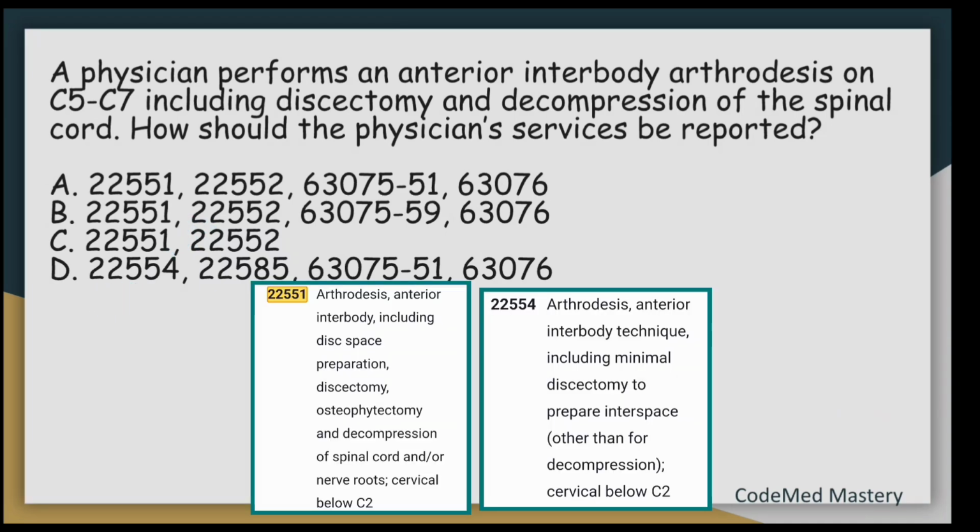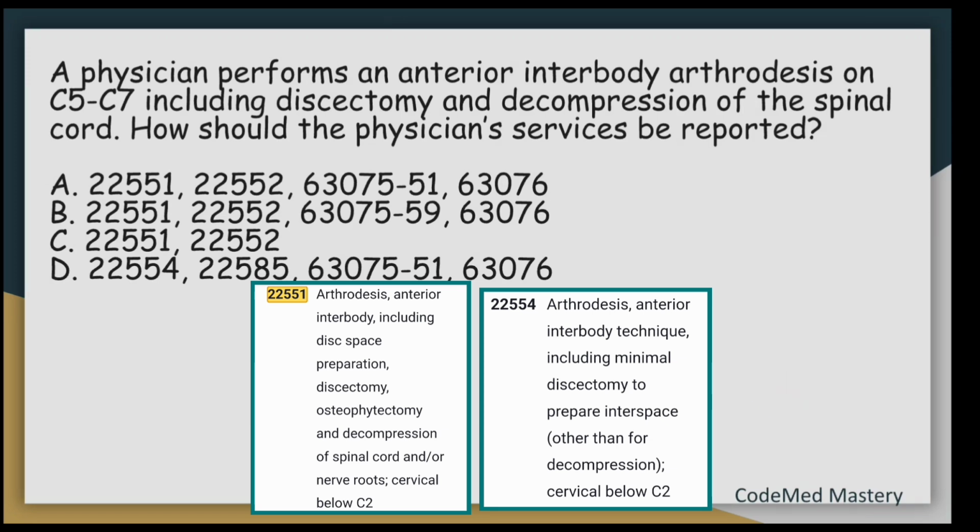22551 is for arthrodesis, anterior interbody technique including disc space preparation, discectomy, osteophytectomy and decompression of spinal cord or nerve roots, cervical below C2. And the code 22554 is for arthrodesis, anterior interbody technique including minimal discectomy to prepare interspace other than decompression, cervical below C2.